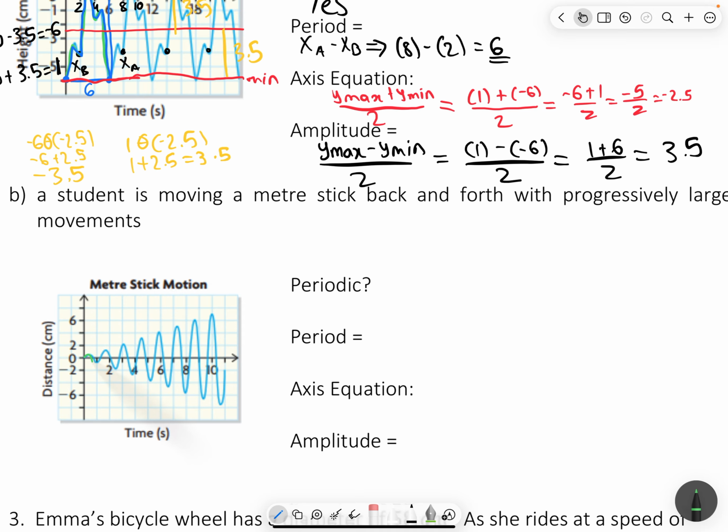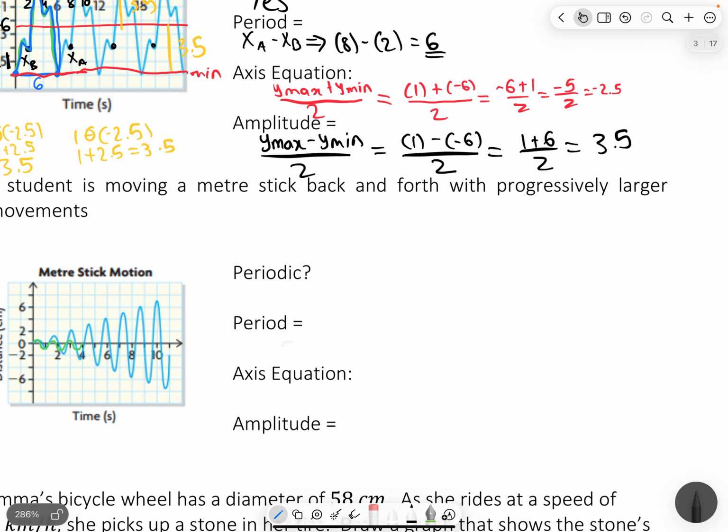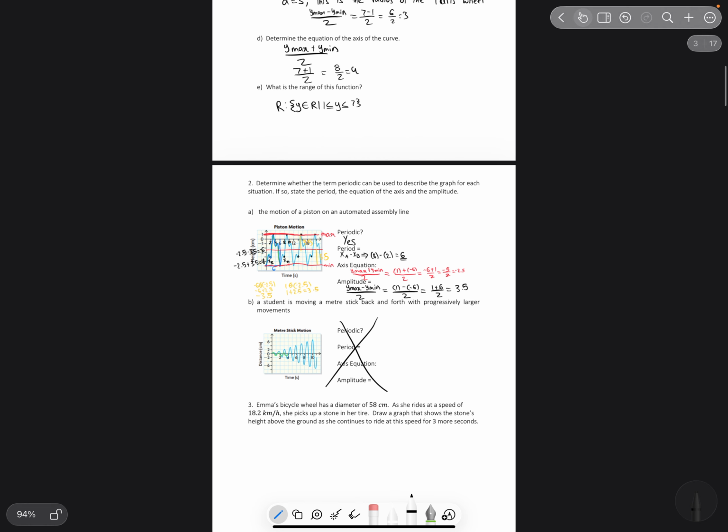If I duplicate it and adjoin it back here, we can see that the graph isn't really matching. It's not duplicating itself. Therefore, it is not periodic. And if you see something like this on the quiz, I'd say just put a big mark on it, like this.